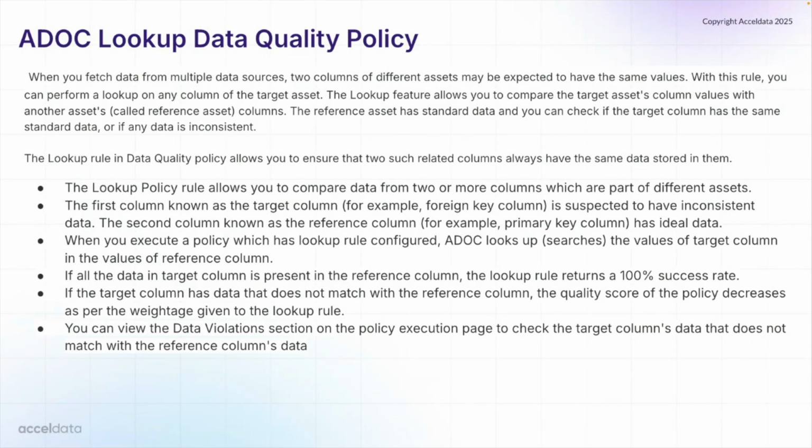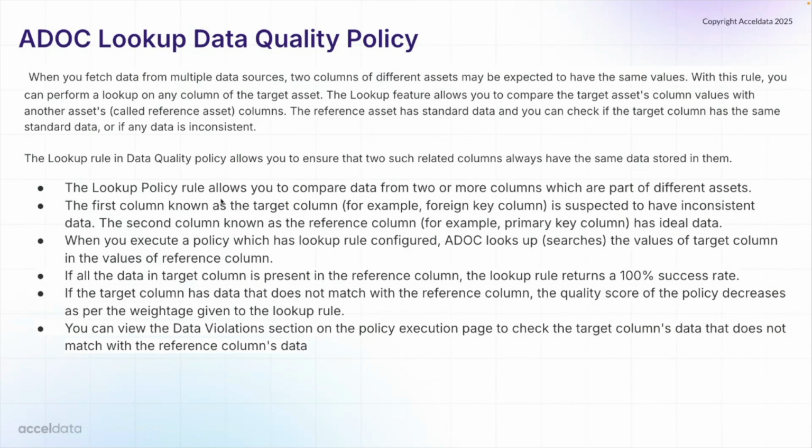The data quality policy is configured in such a way that it will find out whether the country ID from the customer table has standard data, or if there are any inconsistencies in the data. The lookup rule in the data quality policy allows you to ensure that two such related columns always have the same data stored in them.